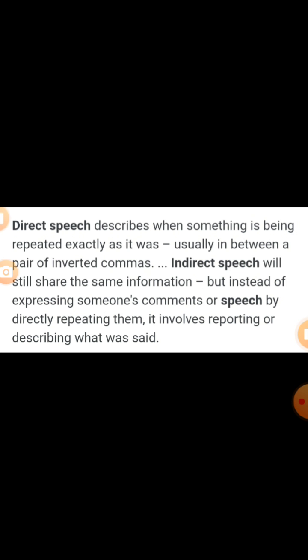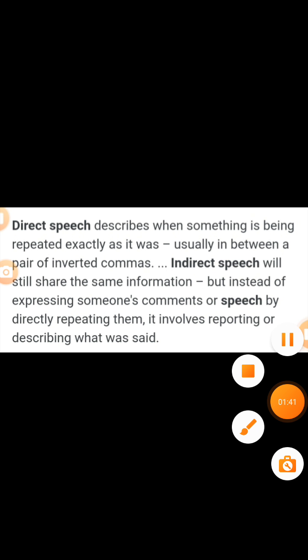So we need to convey the same idea that is in inverted commas, or in direct speech, in an indirect way. So we may need different changes when changing from direct speech to indirect speech.